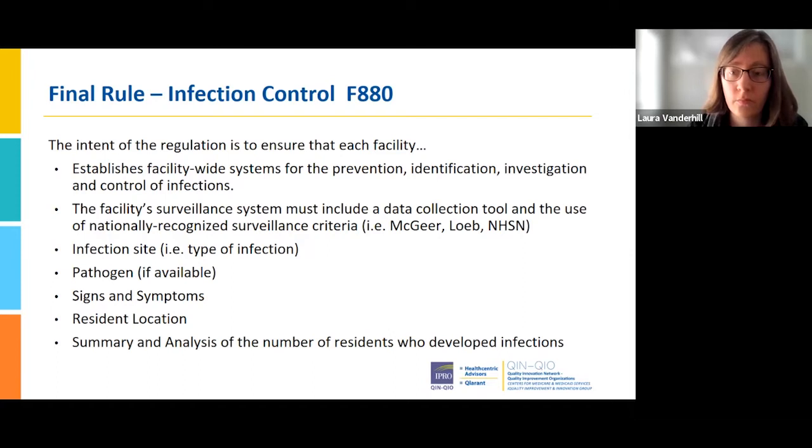As part of a surveillance system, each facility must have a data collection tool that ties in nationally recognized criteria for surveillance, such as McGeer, Loeb, NHSN, for example. Other key points in the surveillance system include the type of infection, pathogen, signs and symptoms, the location of the resident, and some summary and analysis of the residents who have developed infections.